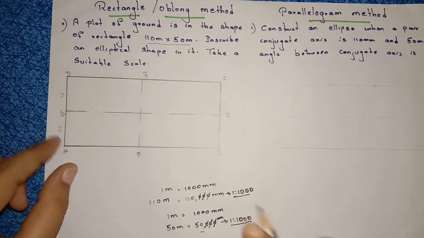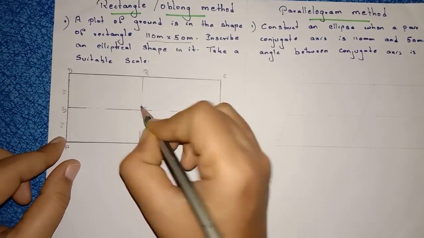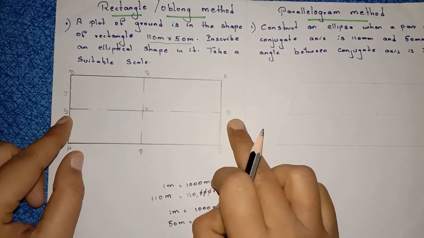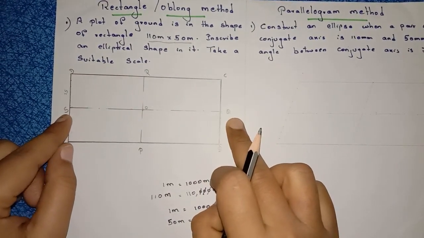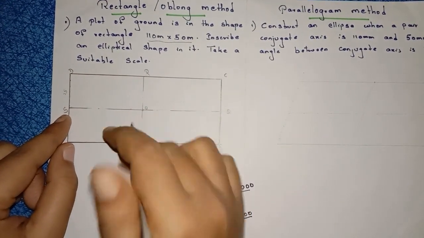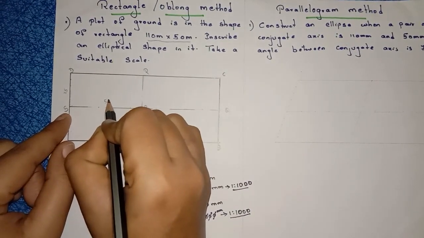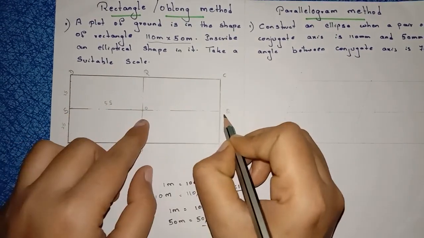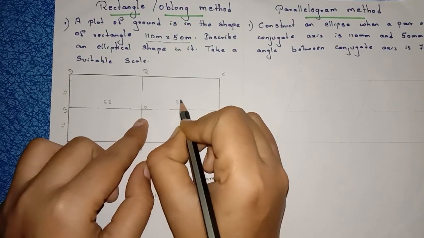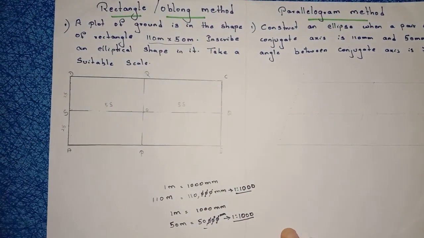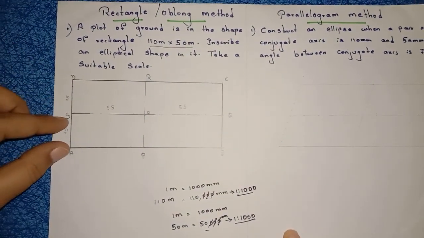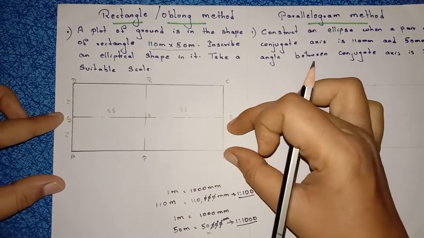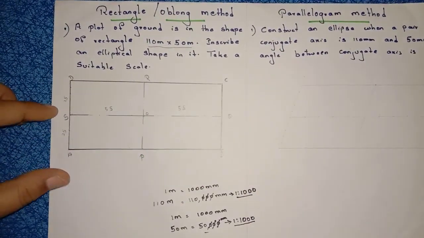Right, now I am naming this point as O. Now SQ length is 110 mm. Right, so OS length will be 55 mm and OQ length will be here 55 mm. Right, now you see this is 25, 25, 25, 25, 55 and 55.